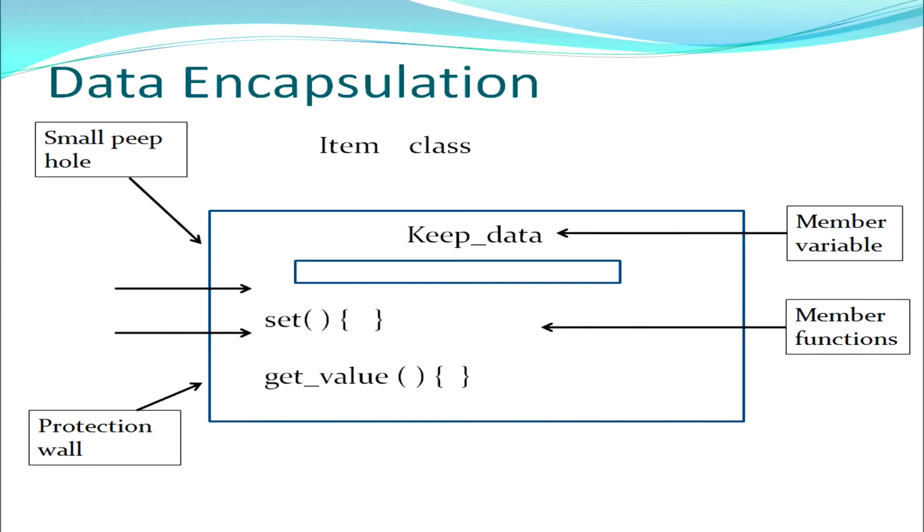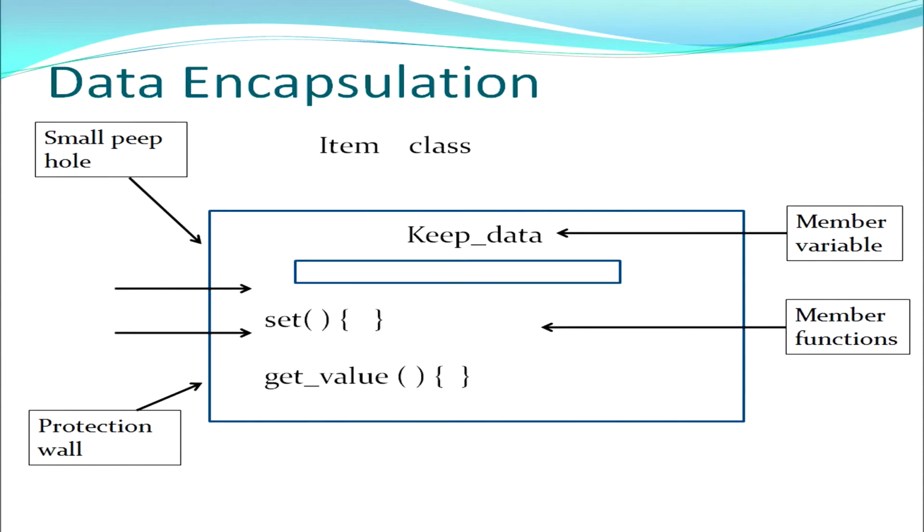Like the example of the switchboard, the inside circuitry, the wiring and all is hidden from the user, so he cannot tamper with that. That is why my data is safe when I am implementing data encapsulation using classes. As you can see in this particular diagram, the class by the name of item is shown.